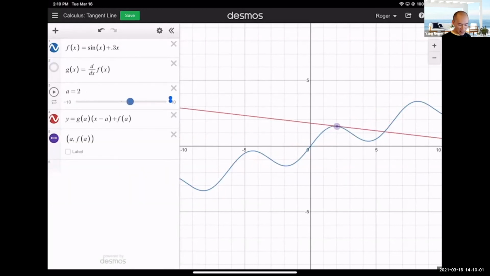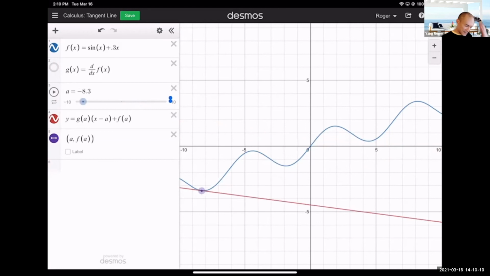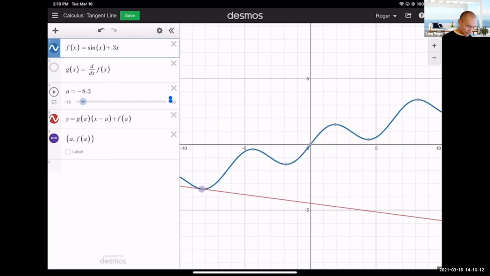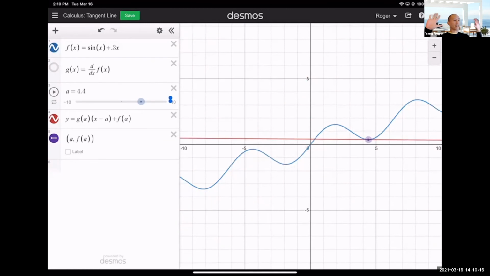I'm going to try to move it to the bottom of the hill. Here's the bottom of the hill. Oh, well, I hit it. There's the bottom of the hill. Look, that tangent line is definitely 0, right?